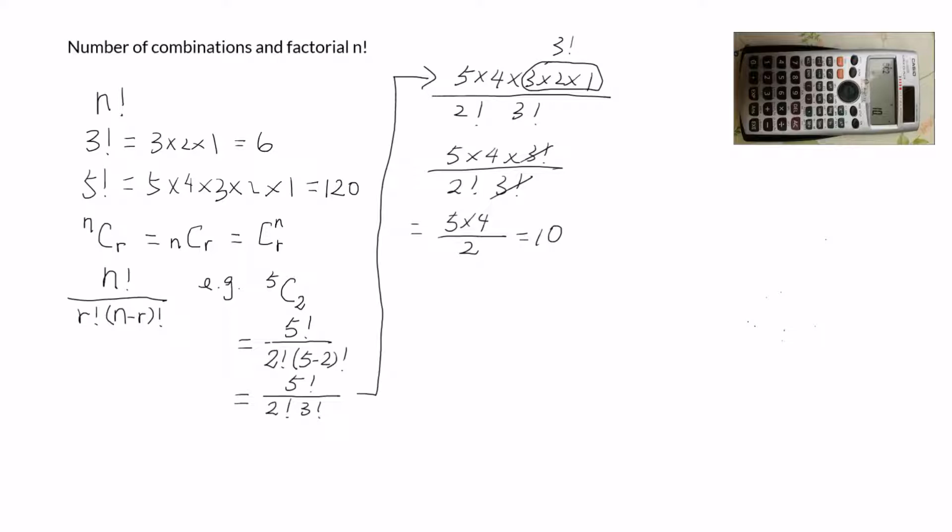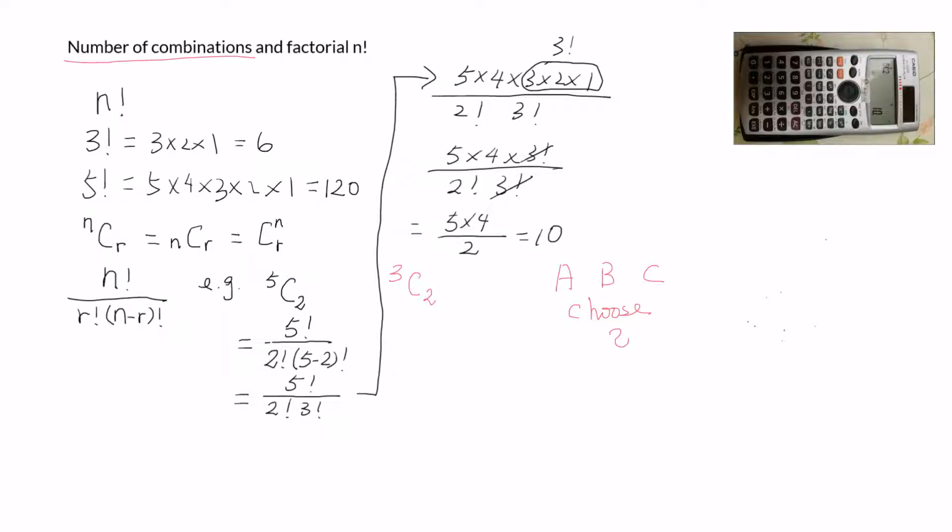Actually, with this one we are calculating something called the number of combinations. I'll use another example with smaller numbers, for example 3C2. You can imagine that there are 3 available objects, and we would like to choose 2 from them, and see how many combinations there are.